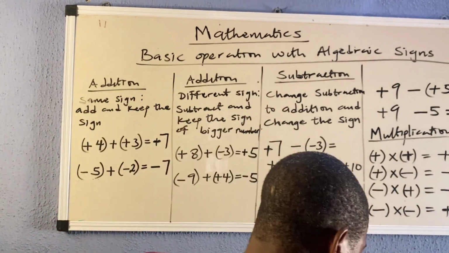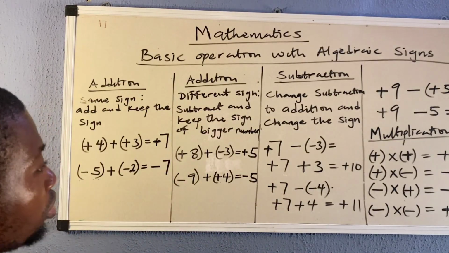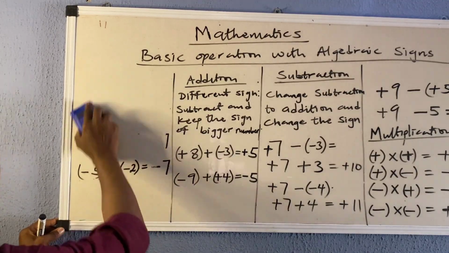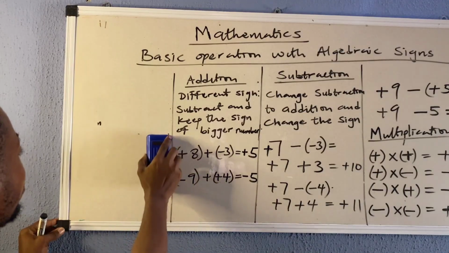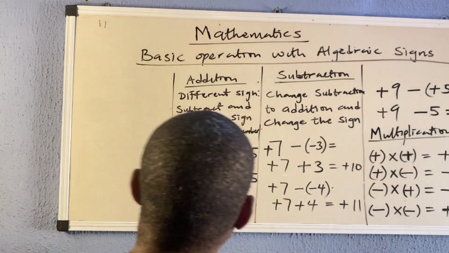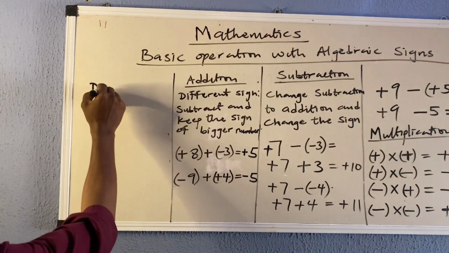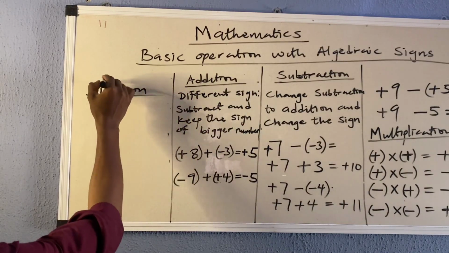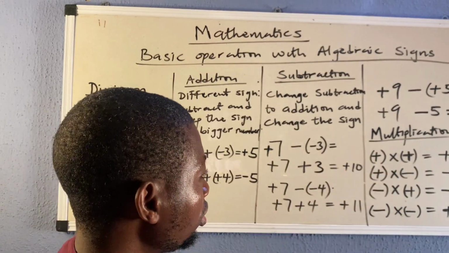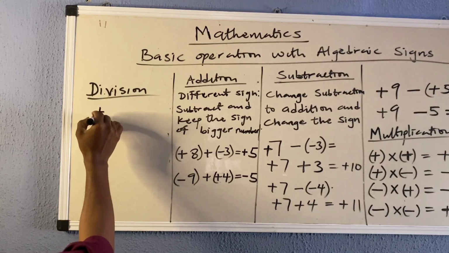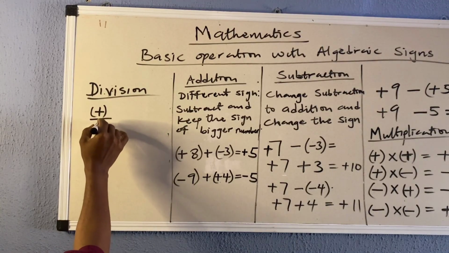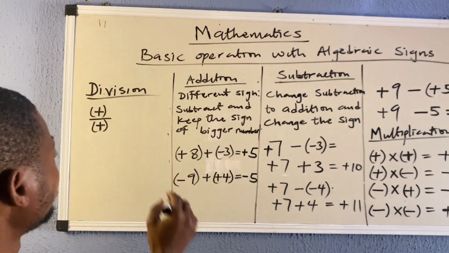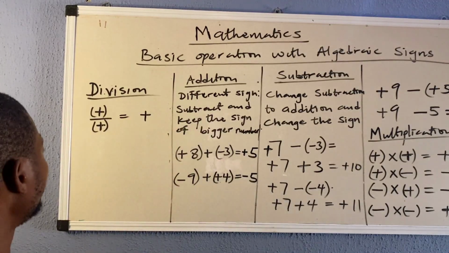Now the last one we want to talk about is division. So just like multiplication, if addition is divided by addition, we are going to have addition.